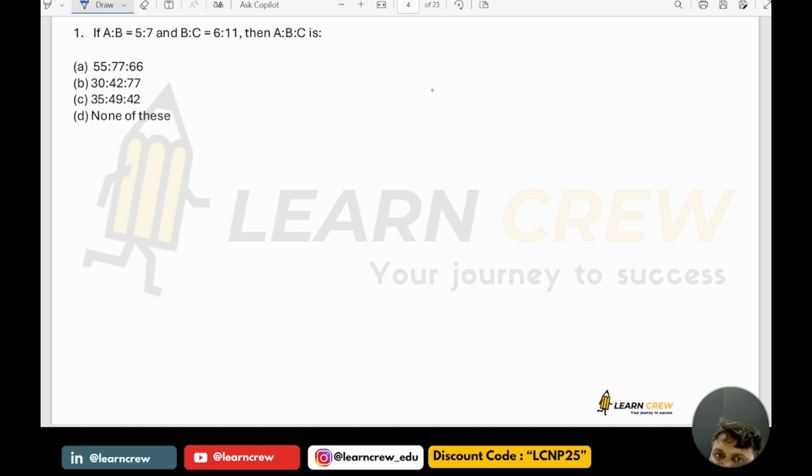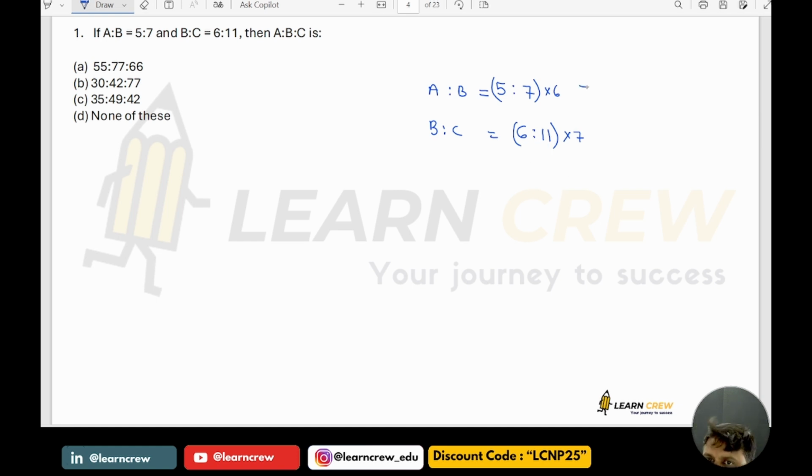So please see here, A is to B is given as 5 is to 7. And B is to C is given as 6 is to 11. Here B is the common term, but here we have 7, we have 6. We have to make the common term equal. For that, I am multiplying this with 6, and this with 7, because when you multiply both the terms of a ratio, the ratio will not change.